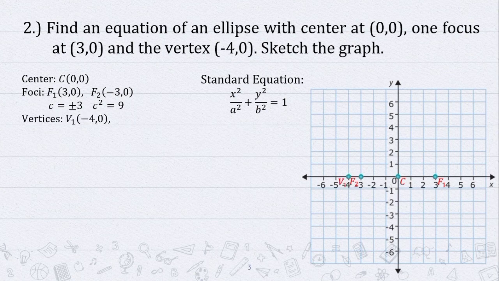Going back to our given, if one vertex is at negative 4, 0, then the other vertex is at 4, 0. And since they are a units away from the center, our a here is positive or negative 4, which means that our a squared is equal to 16.